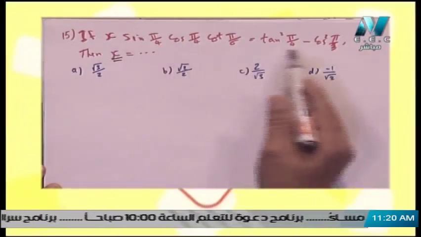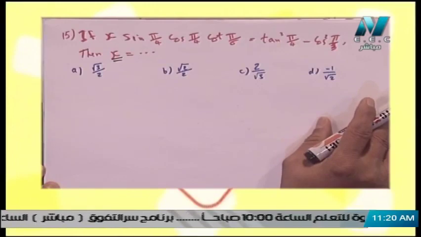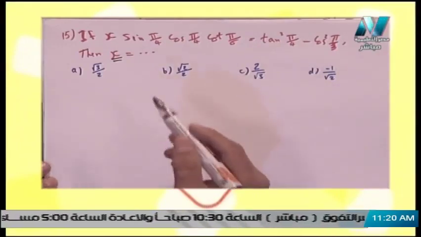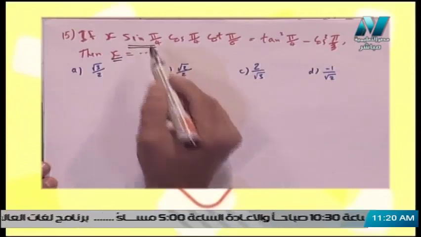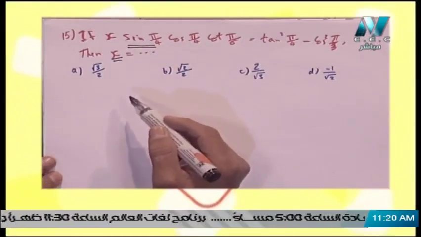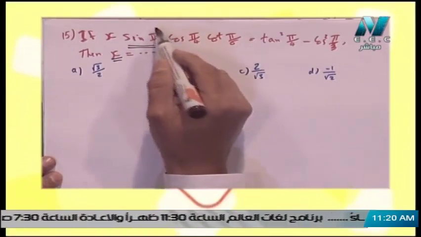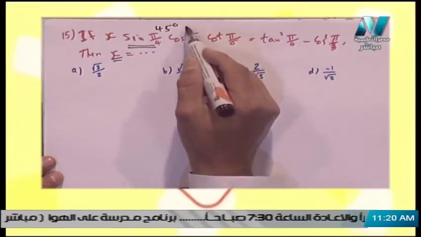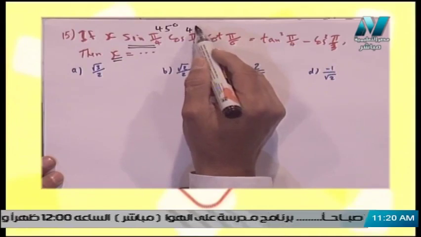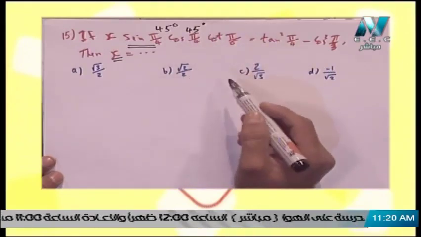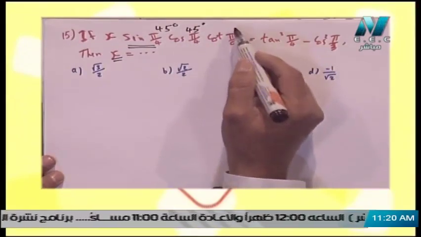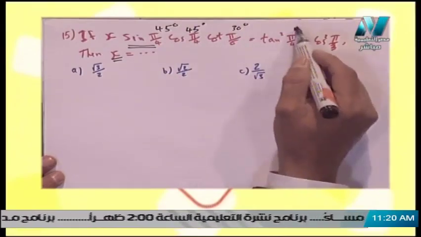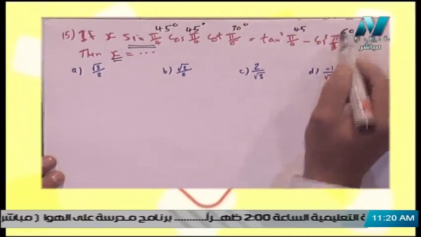It's an equation, but it is a trig equation. You can use your calculator, of course, to find out sine pi over 4. We know that pi over 4 means 45 degrees, and also this angle is 45 degrees. Pi over 6 means 30 degrees.